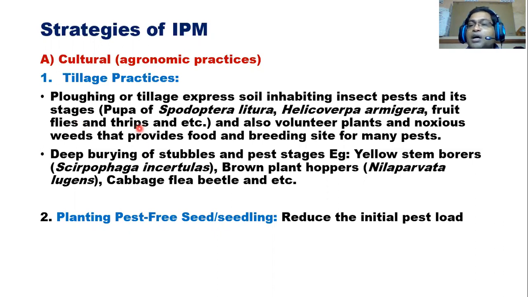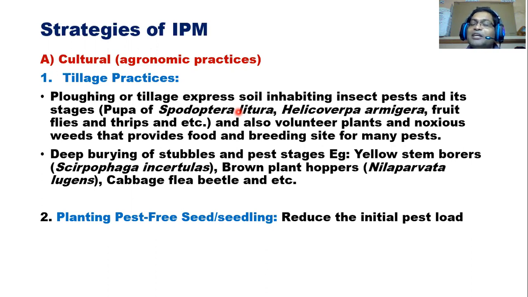Therefore, if you are plowing and opening the land, you are exposing those resting stages to desiccate or dry up by heat and solar radiation. At the time of plowing, you would have seen that when a farmer or a tractor is plowing, many birds follow, to pick up these resting stages.